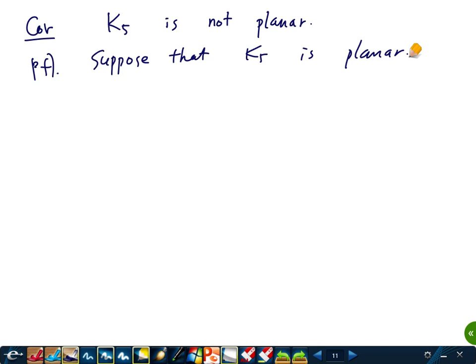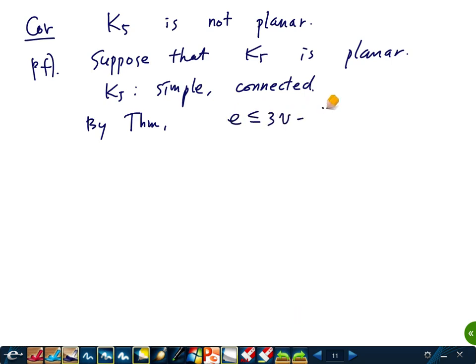You don't have any multiple edges or loops, so K5 is simple, and we know that it's connected. So K5 is simple connected planar. So by the previous theorem, E is less than or equal to 3V minus 6. We must have this relation, because we assume that K5 is simple connected planar.